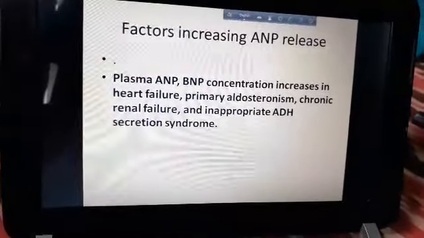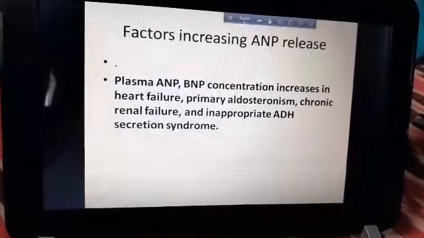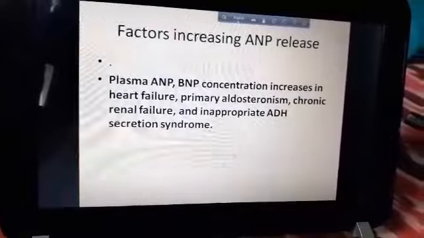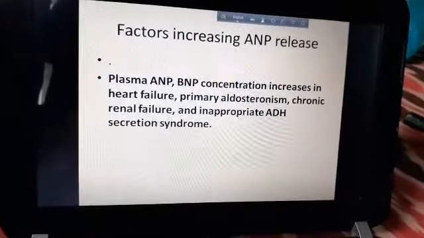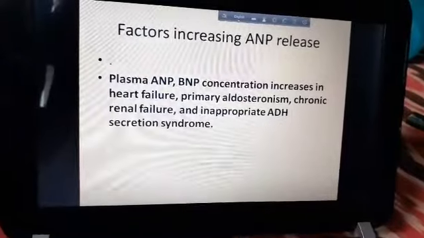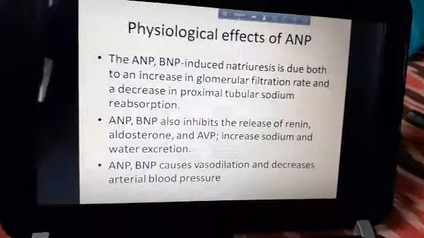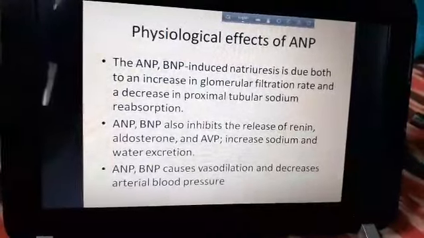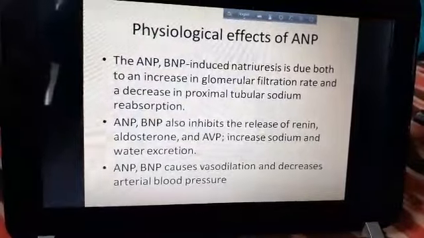So plasma ANP and BNP concentration increases in heart failure, and when there is atrial stretch, the ANP and BNP levels are increased. The level is also increased in heart failure, primary aldosteronism, chronic renal failure, and inappropriate ADH secretion syndrome. ANP-BNP induced natriuresis is due both to an increase in the glomerular filtration rate as well as a decrease in the proximal tubular reabsorption.